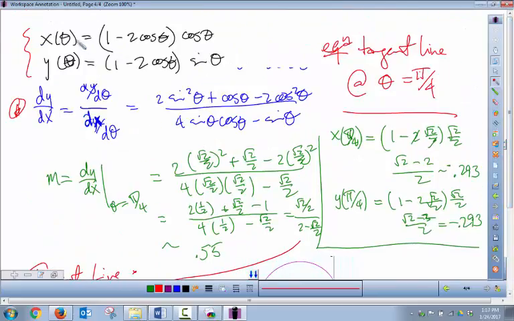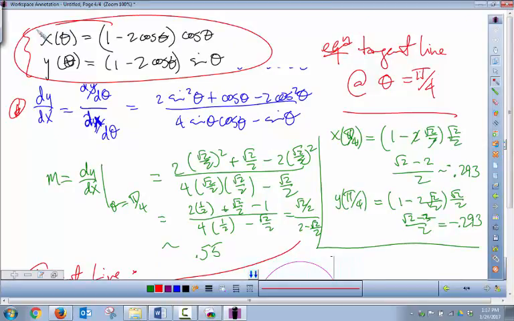It wasn't like that. The question started off like this. They didn't tell you that this was polar coordinates. They just started off like this and said find the equation of the tangent line. You need to take the derivative carefully and correctly, and then evaluate it at that point. There were two people who asked me about the same question, so this is how we would work it out. Okay?